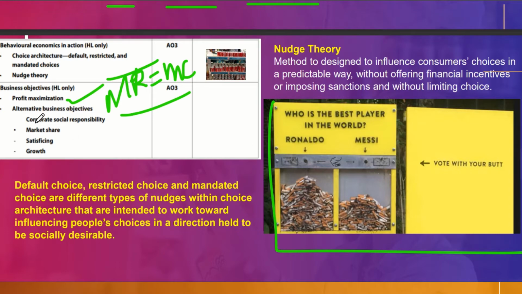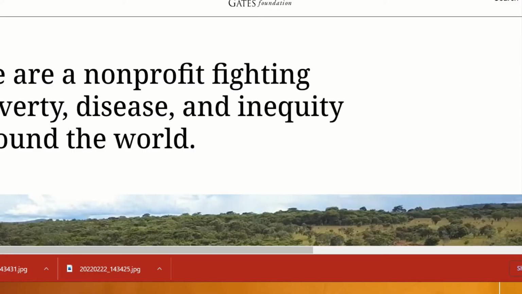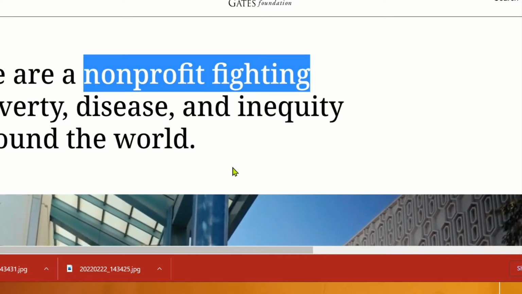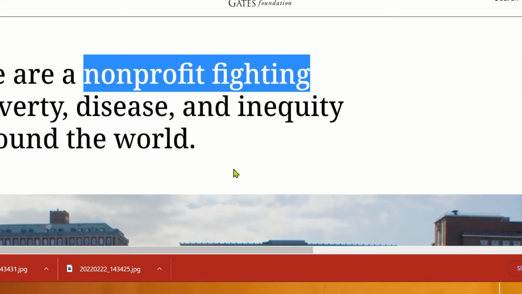And another objective may be corporate social responsibility, as some businesses have. What does it mean? It's companies like Bill and Melinda Gates, a non-profit organization which is promoting equality.